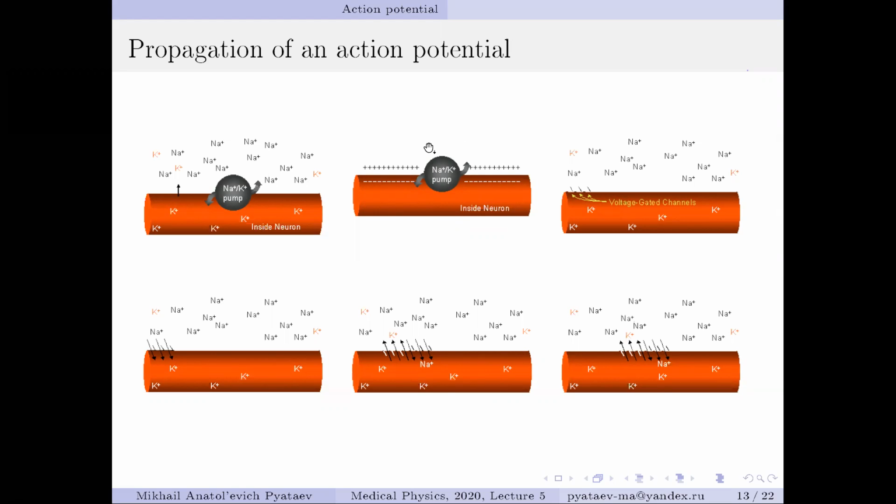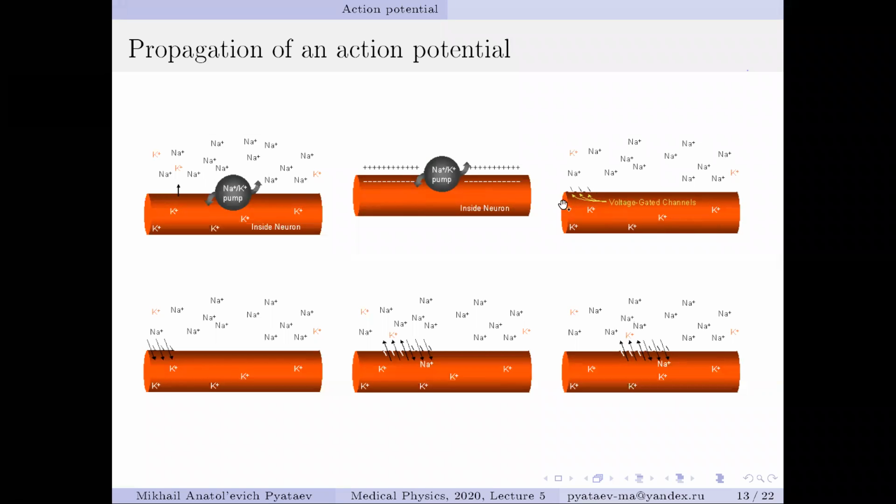So the initial stage looks like this: more potassium inside, more sodium outside, and negative inside, because the number of sodium ions which went outside is larger than the number of potassium which comes inside.